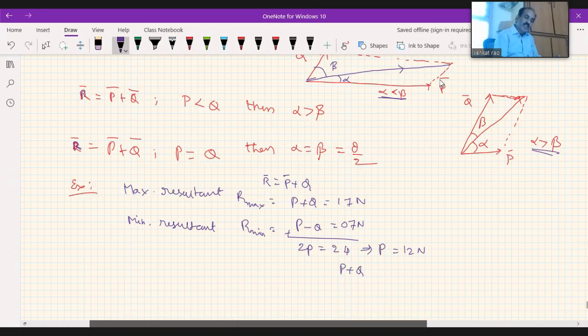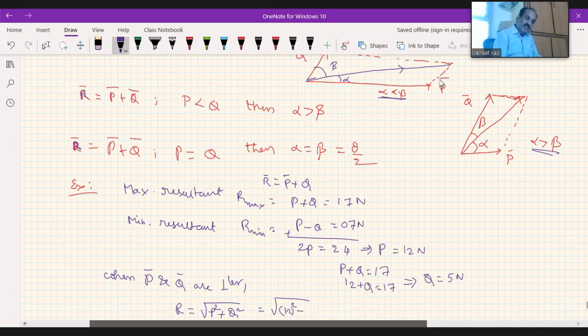P plus Q is 17, 12 plus Q is 17, implies Q is 5 Newton. When P bar and Q bar are perpendicular, R equal to root over P square plus Q square, root over 12 square plus 5 square, root of 144 plus 25, root 169, 13 Newton.